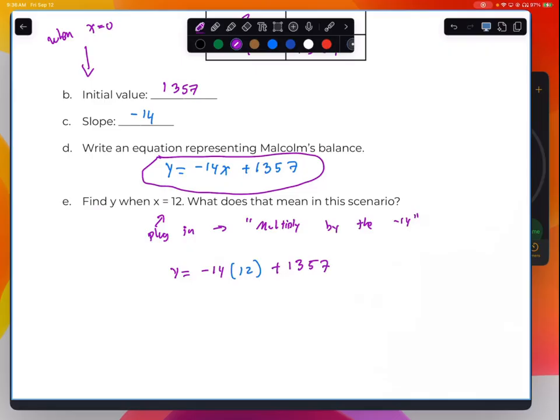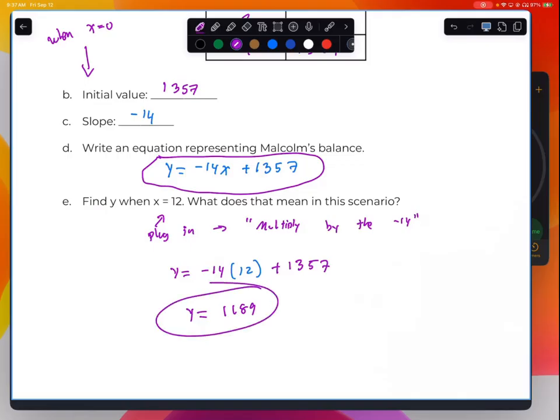Do I got anybody that has the answer? What's the whole answer? 1,000 and what? 1,189.